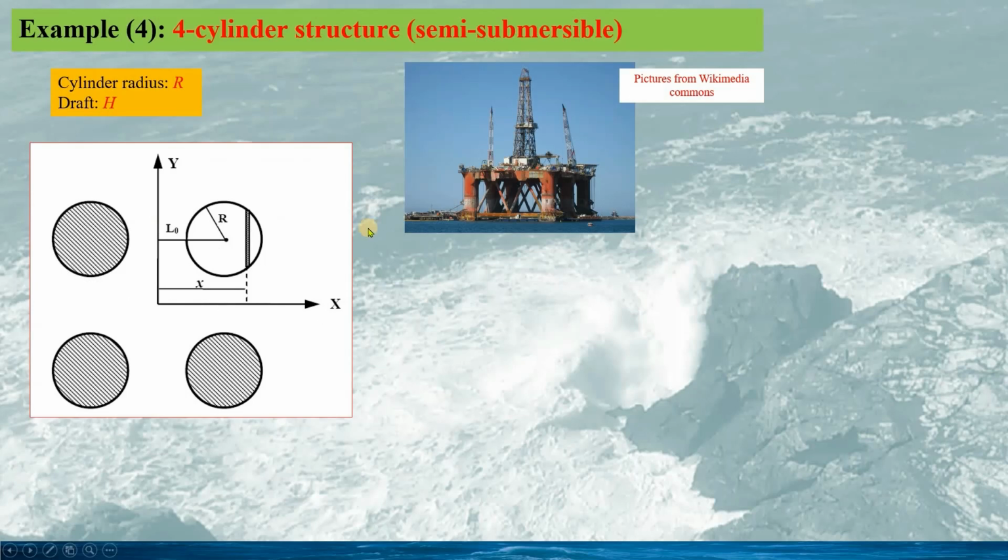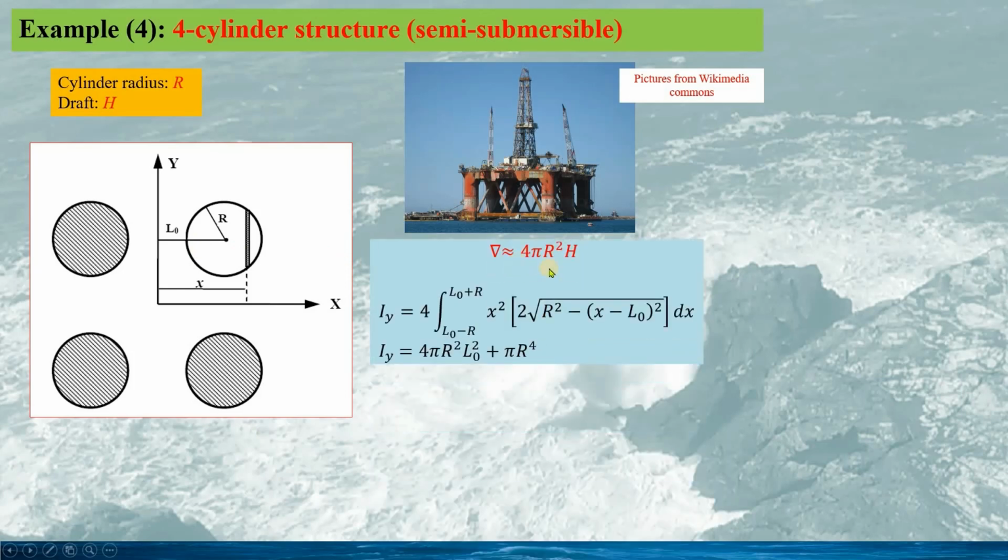From this plot of the water plane, we can see the distance between 2 cylinders is 2L0. The total displacement is calculated as this. Here, we only include the 4 cylinders for an approximation. However, in the real calculation, all the components underwater must be included.